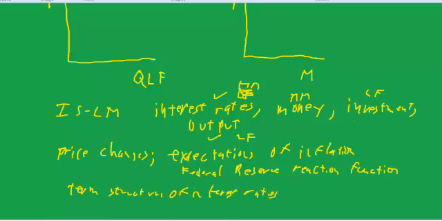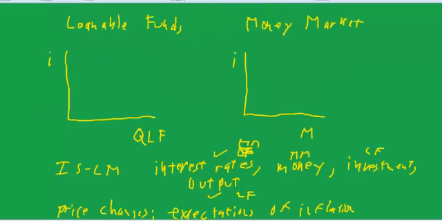So you remember I made this sarcastic comment that it's supposed to be the same interest rate in both of these diagrams, but the interest rate in the money market diagram is a short-term rate. It's the Fed funds rate, and that's an overnight lending rate. The loanable funds interest rate is probably something like a 10-year corporate bond.